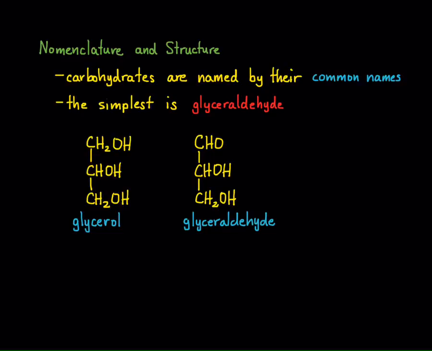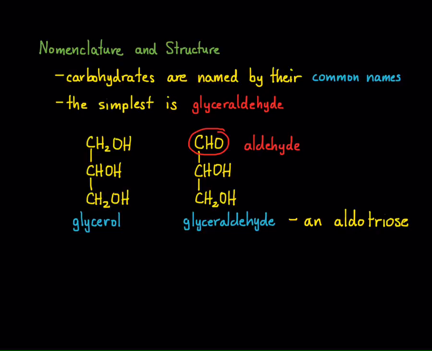We see a three-carbon chain, but we see an aldehyde functional group. And so this is often called an aldotriose because of the three carbons, but also because of the aldehyde functional group. So one of the alcohols has been converted into an aldehyde. It's been oxidized to an aldehyde.